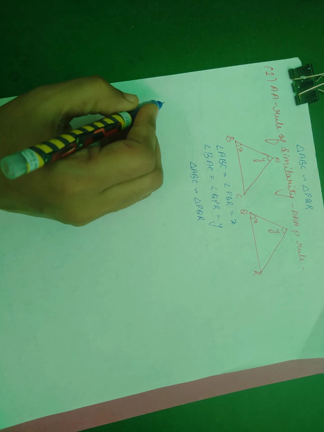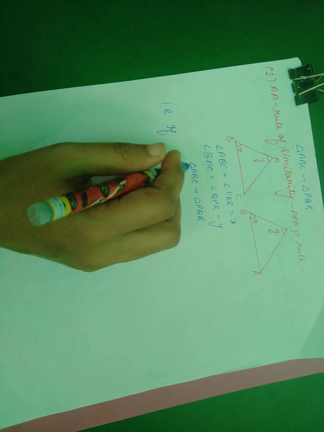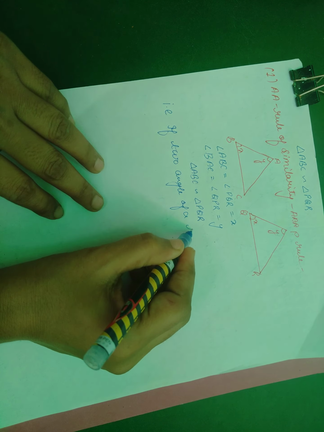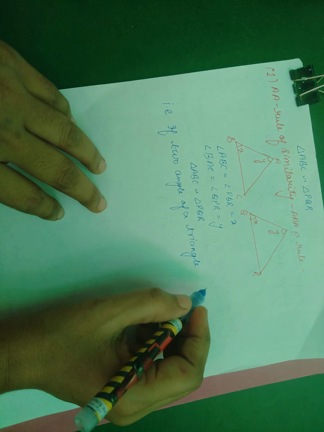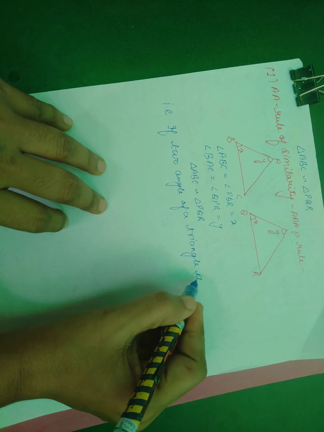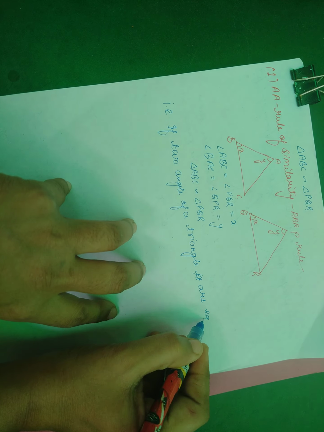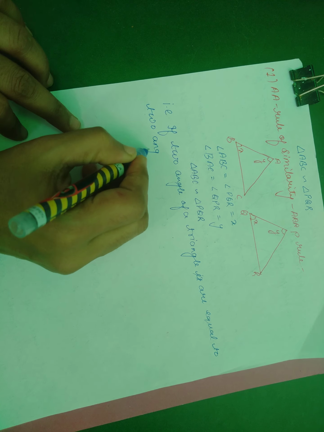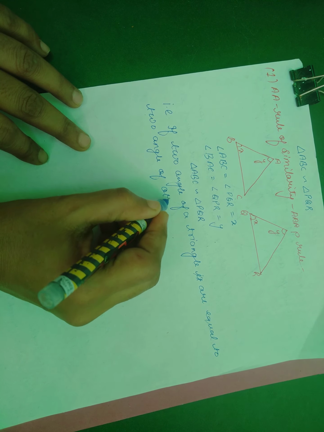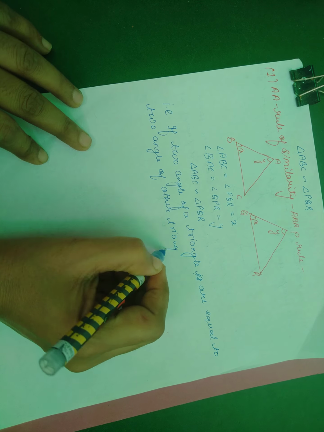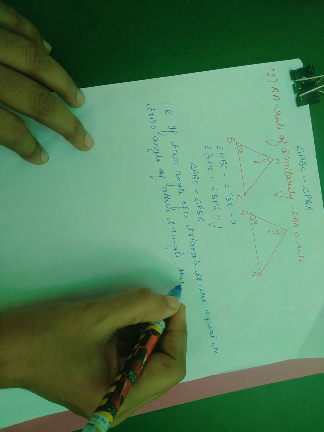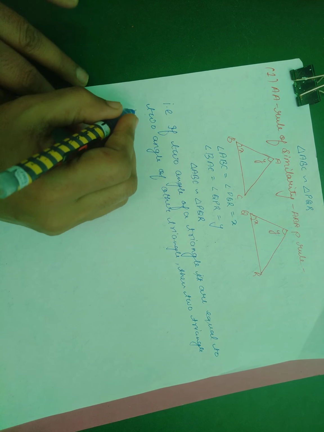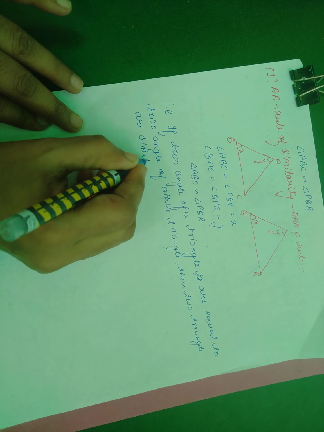Let me write the definition also. That is, if two angles of a triangle are equal to two angles of the other triangle, then the two triangles are similar, right?